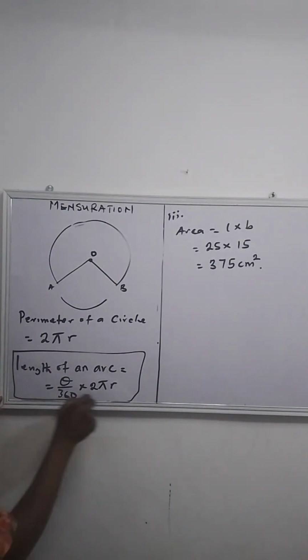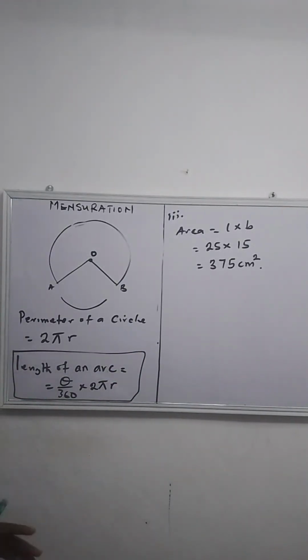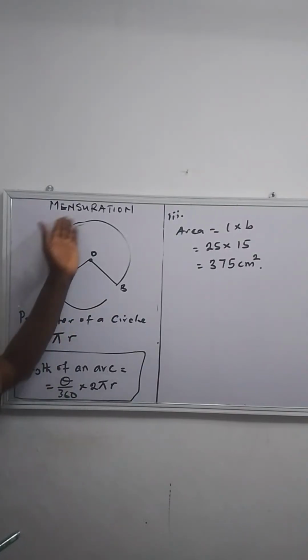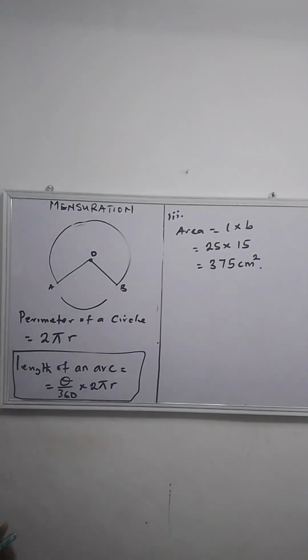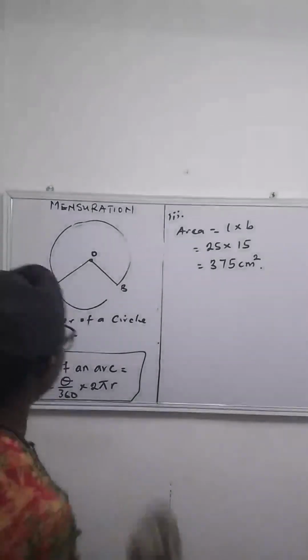You don't need to cram the formula, just understand how it is derived. We just need a fraction of the whole perimeter of the circle. So you can put this down somewhere in your jotter. All right, let's move down to the next question.